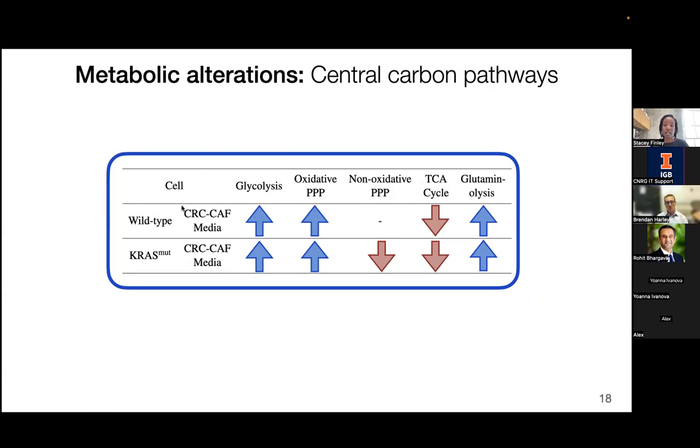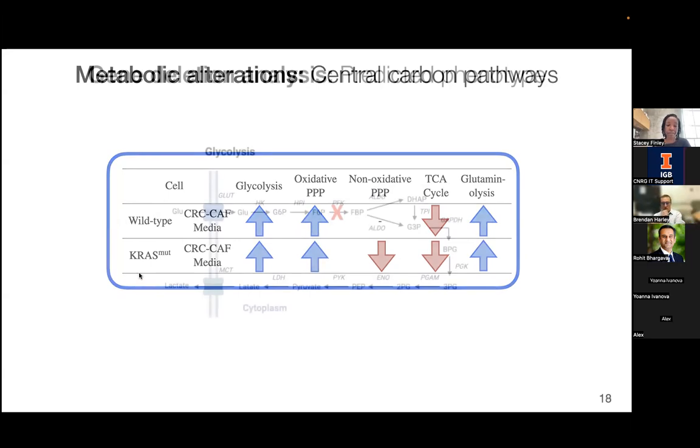And these conclusions hold true for cells that have the wild type KRAS or also cells that have the KRAS mutant. So we can again get greater information about the flux through these reactions and it helps us to know what carbon pathways the cells are relying on when they're grown in the CAF conditioned media.